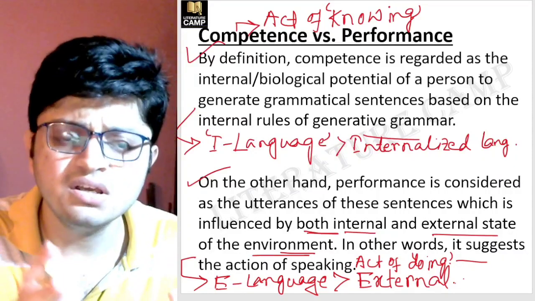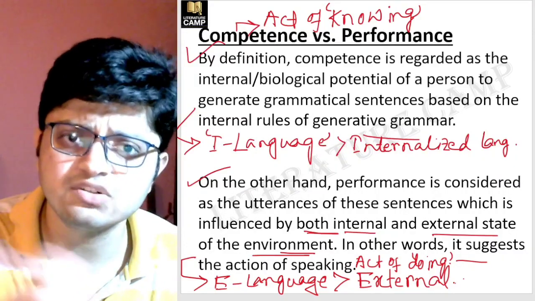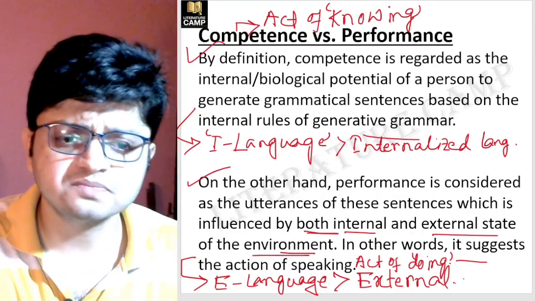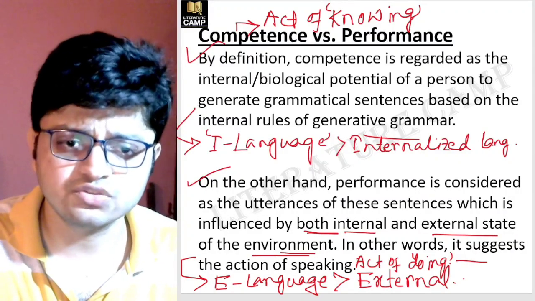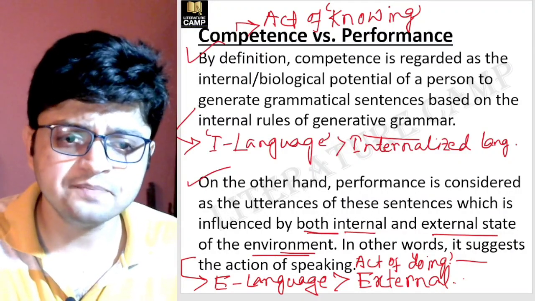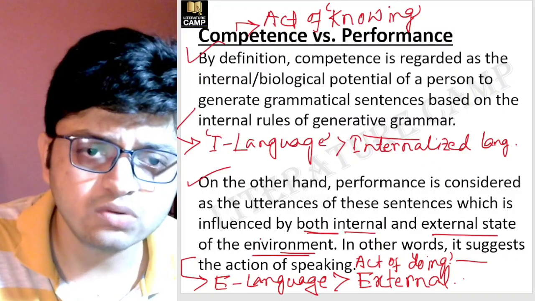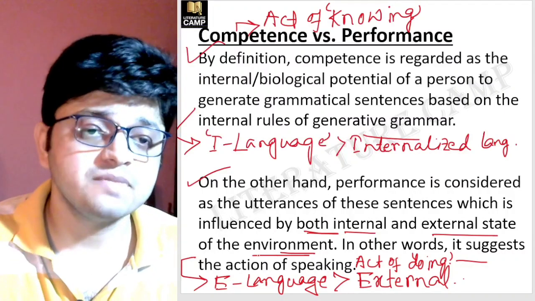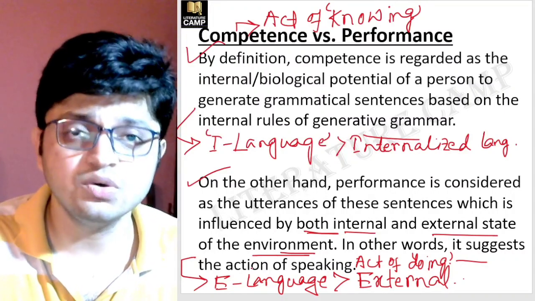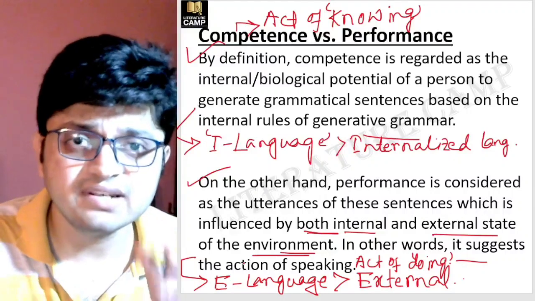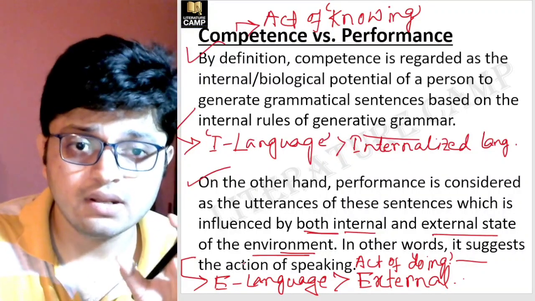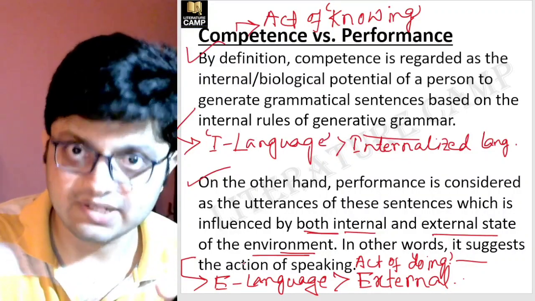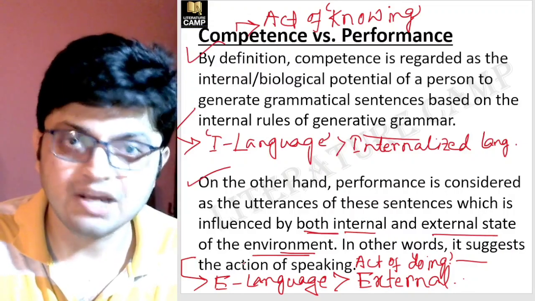This dichotomy, this concept is very much similar to the concept of langue and parole of Ferdinand de Saussure, which I have explained already. So this is all about language competence and language performance. But let me tell you, Noam Chomsky has given emphasis on language competence over language performance.